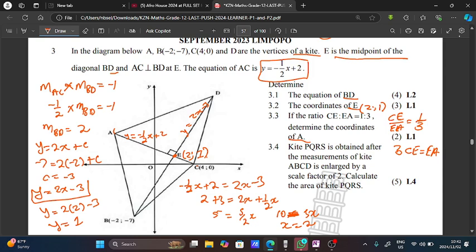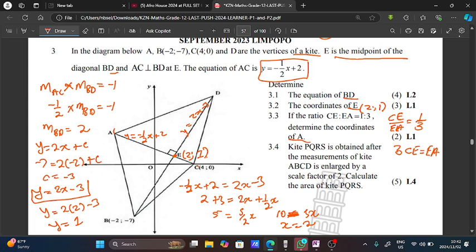Because the distance between this one and this one, if you check it, 4 plus 1 is square root of 5. Somewhere square root of 5. And now it comes to this one. Any idea? We know that it is 3 times.